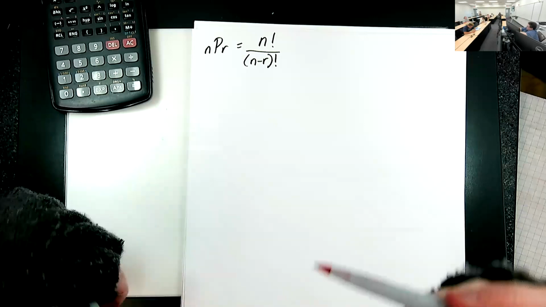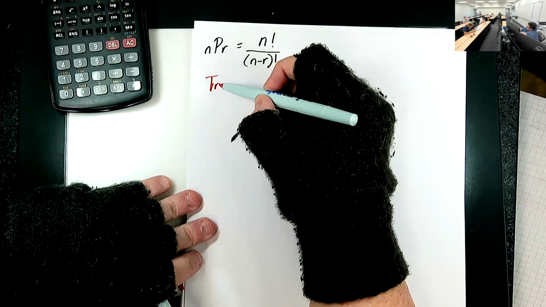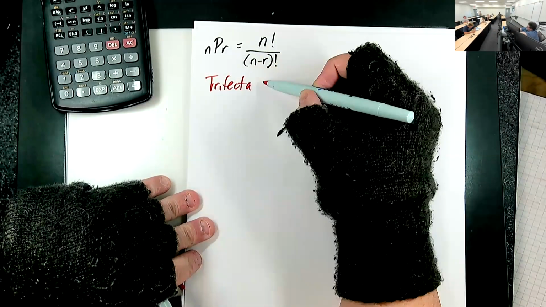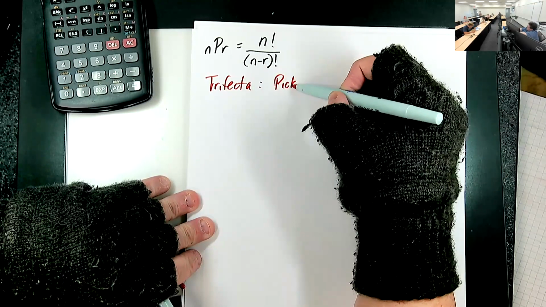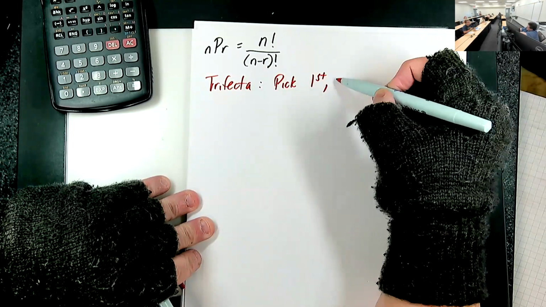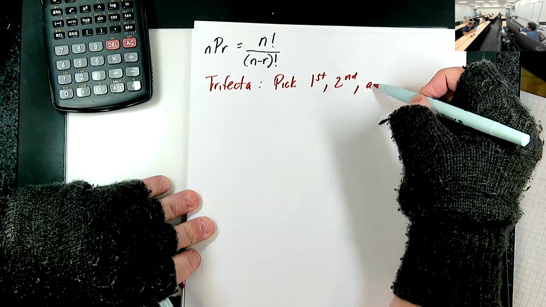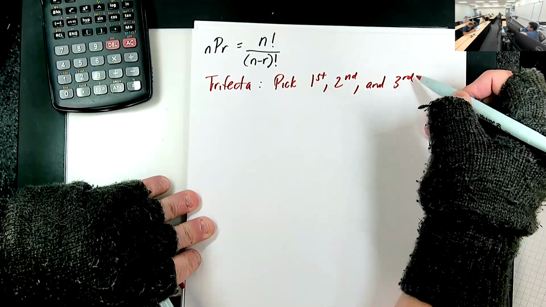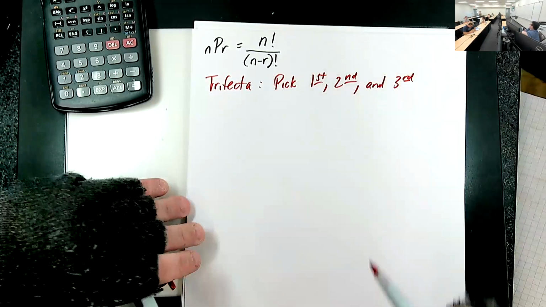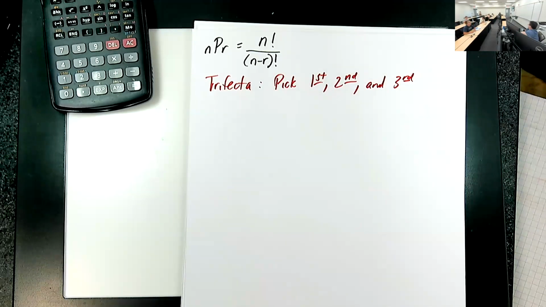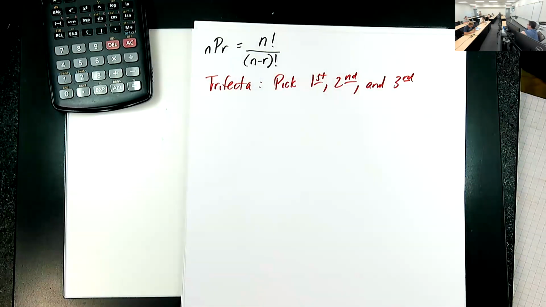The trifecta in a horse race is you have to pick first, second, and third place horses. It's hard enough picking who the first place horse is going to be, let alone picking the second and the third.